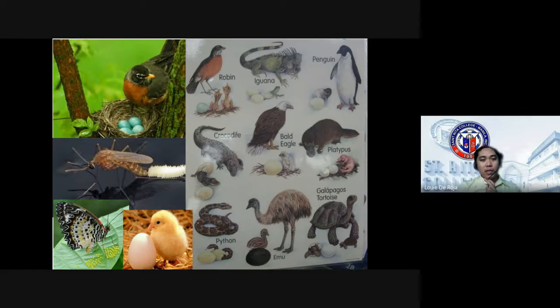So doon sa egg na yan, may kasama na yung nutrients na kinakailangan noong fertilized egg. Kailangan lang ng warm or nililimliman ng ibon or other animals. Yan ang way nila. Okay, ito yung mga examples.